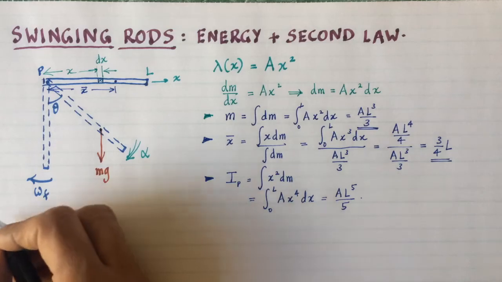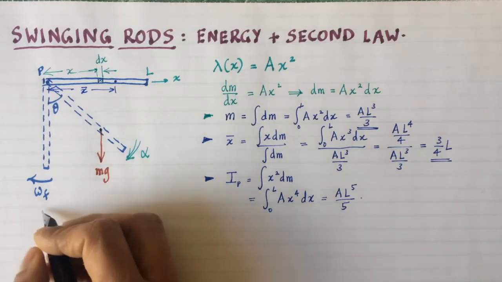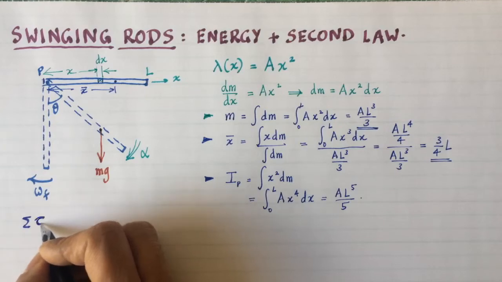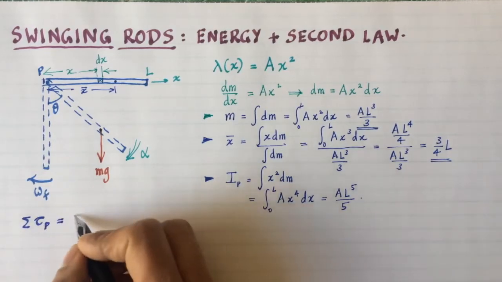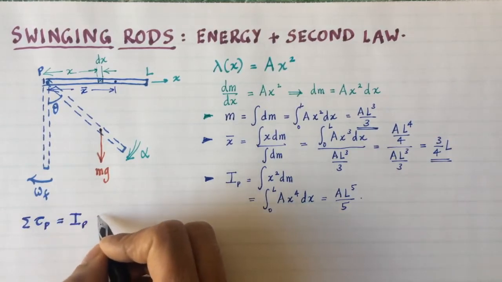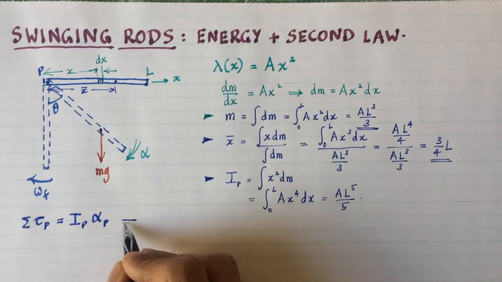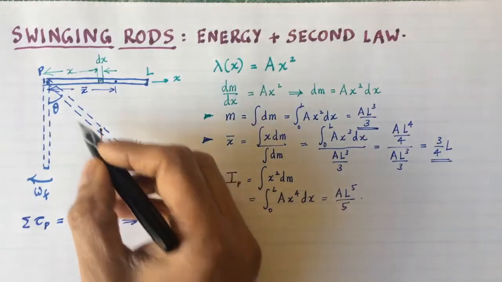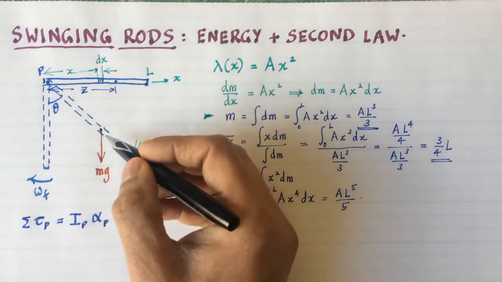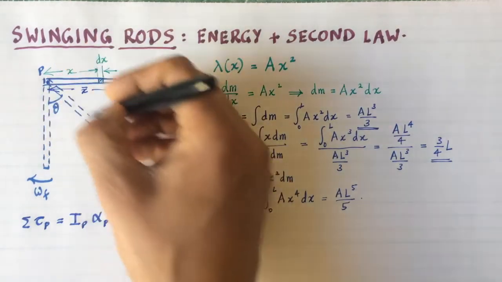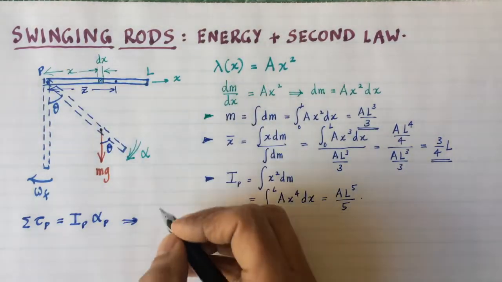So let's write Newton's second law to find the acceleration. The sum of all the torques about P is going to be equal to I sub P times alpha sub P. So the torque is the distance times mg times sine of the angle between r and mg, which is just theta.